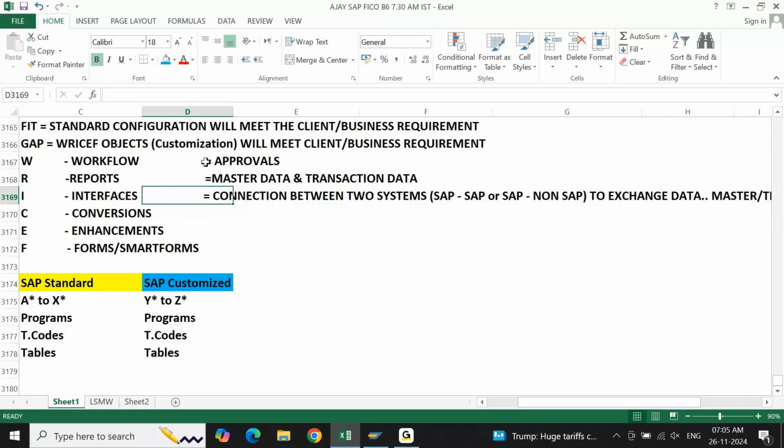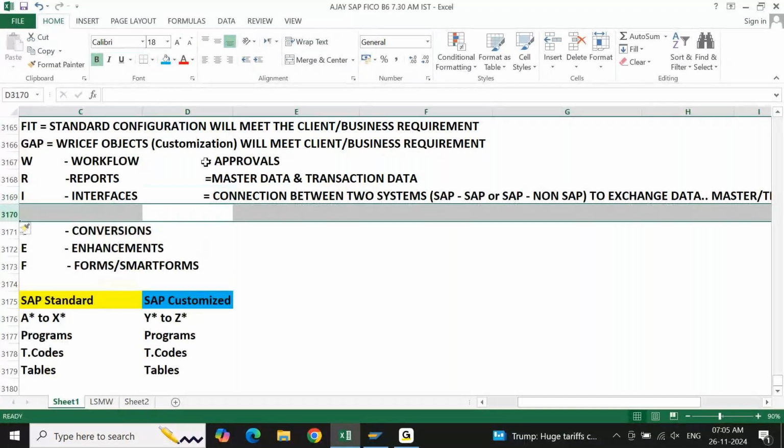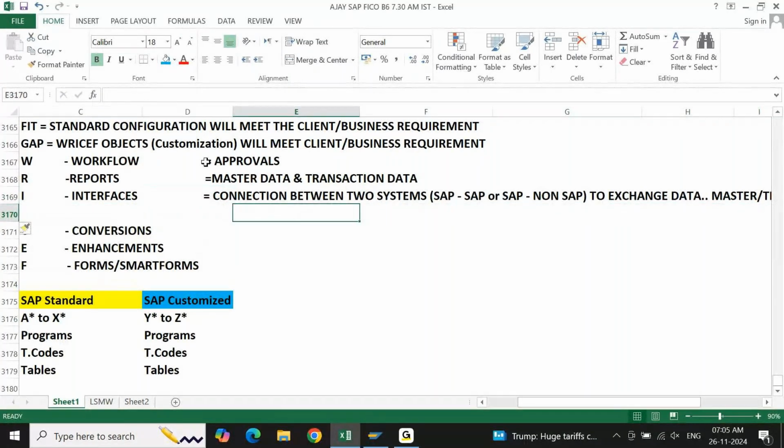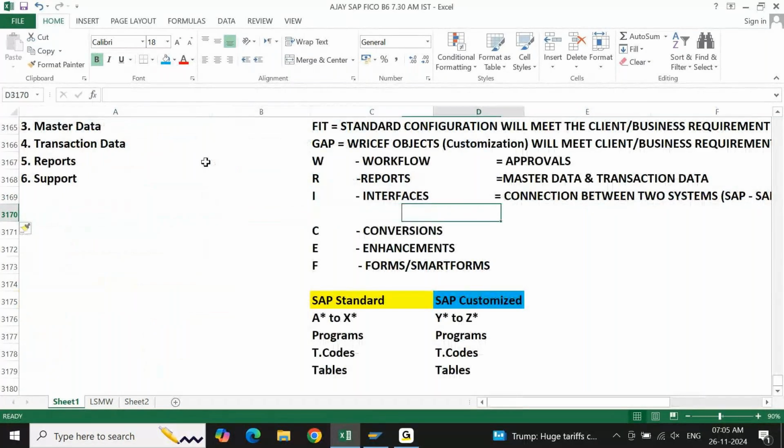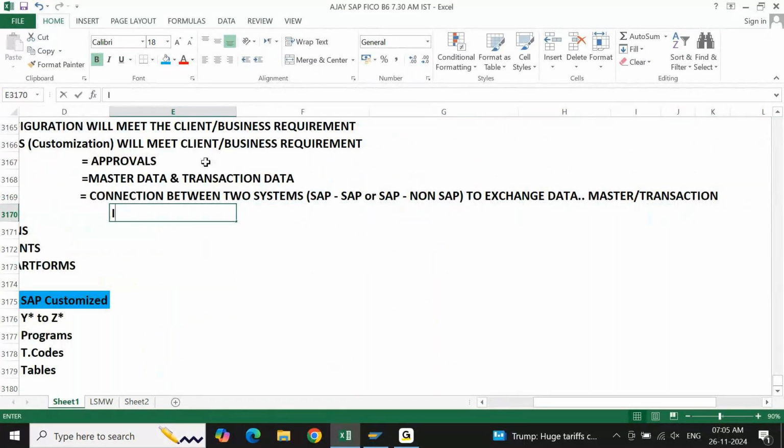They are going to process master, or you are going to send the master, or you are going to process a transaction, or you are going to send a transaction. Agree? And here you will have 2 types of interfaces. One is your inbound. What is the other one? Outbound.